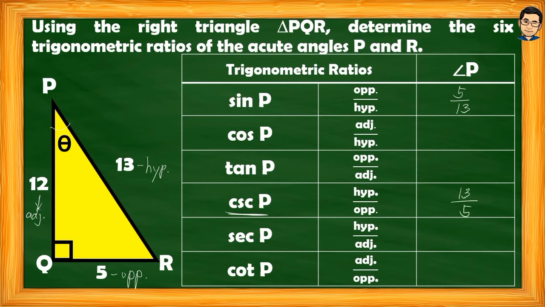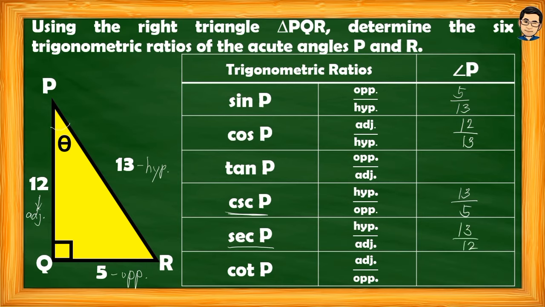Next, cosine P naman, that is adjacent over hypotenuse. Yung adjacent side natin measures 12, over hypotenuse, which is 13. So, what is the reciprocal of cosine P? That is secant P. So, 12 over 13 will become 13 over 12.